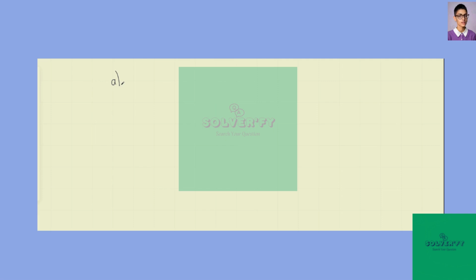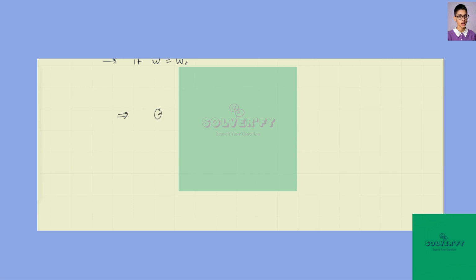Now we can calculate the phase angle phi naught using the equation that we've learned, and this is the arctan of omega naught squared minus omega squared divided by omega into b over m. But remember, at resonance, we have omega to be omega naught, the resonant angular frequency.